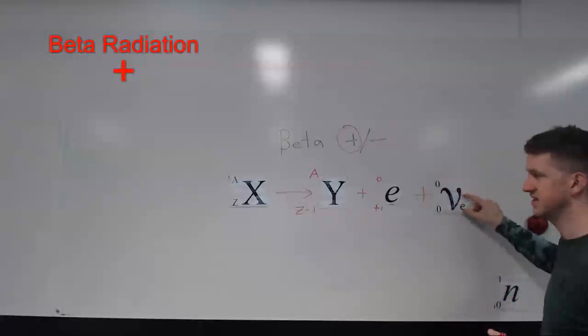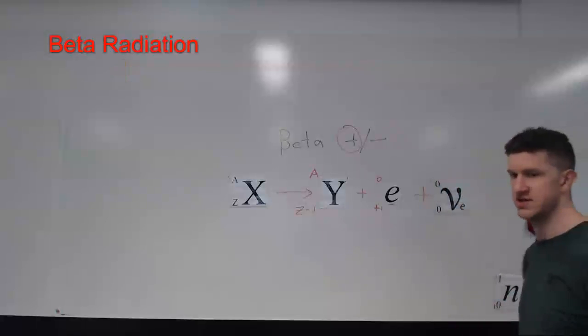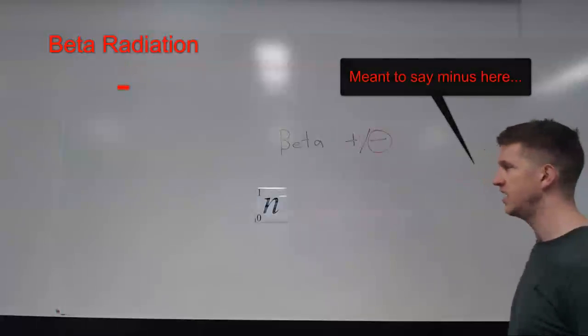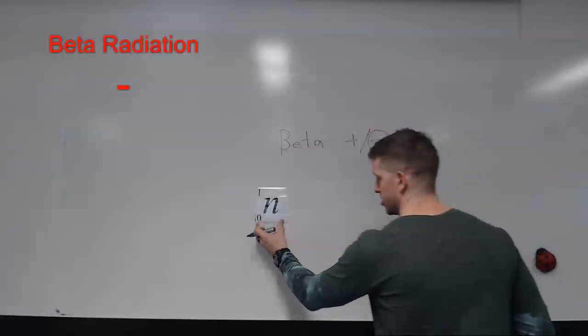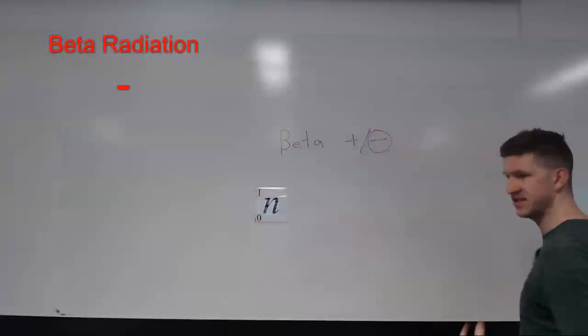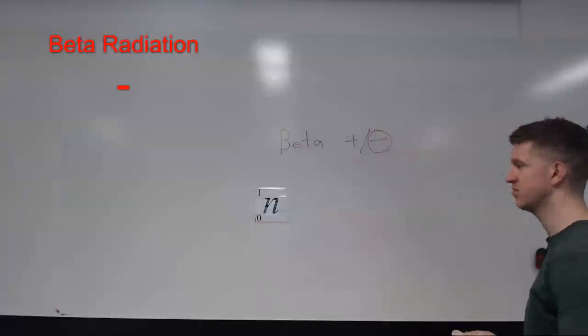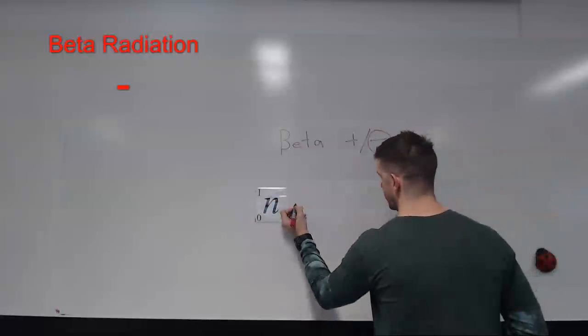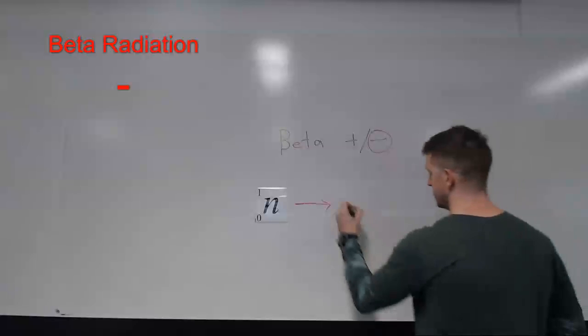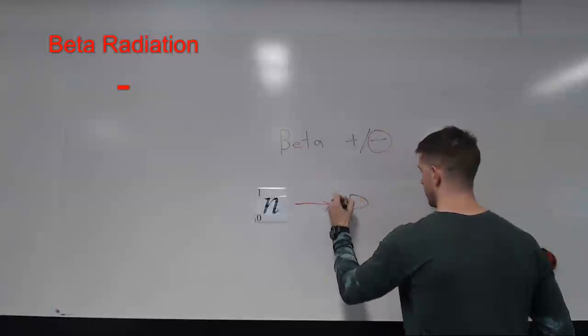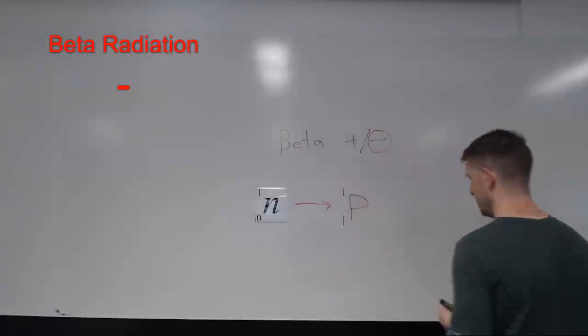But in this case, neutrinos are produced. Beta minus radiation works a little bit different. In this case, it's going the other way. We've actually got a neutron that decays into a proton. So I start here with my neutron. It now will decay into a proton. And we know that a proton is going to be 1, 1.